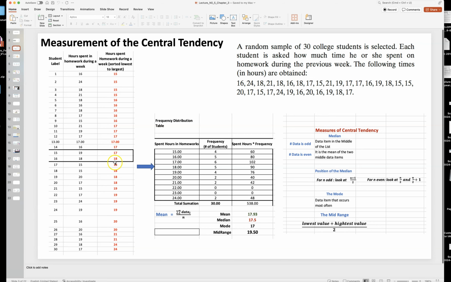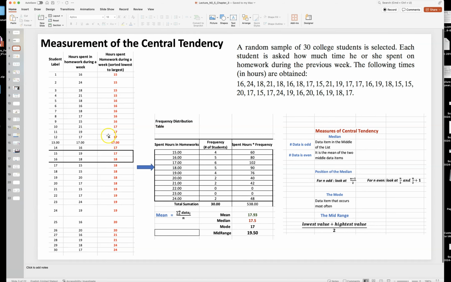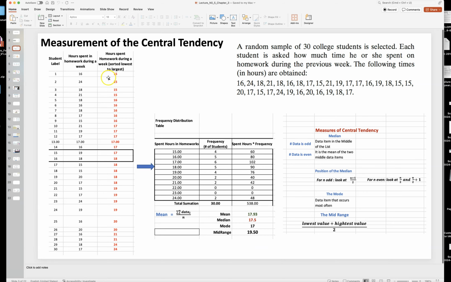So above these two middle positions, you have 1, 2, 3, 4, 5, 6, 7, 8, 9, 10, 11, 12, 13, 14 samples. And down below, you have exactly the same amount of samples.